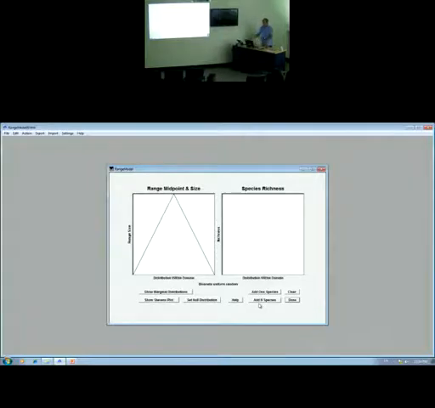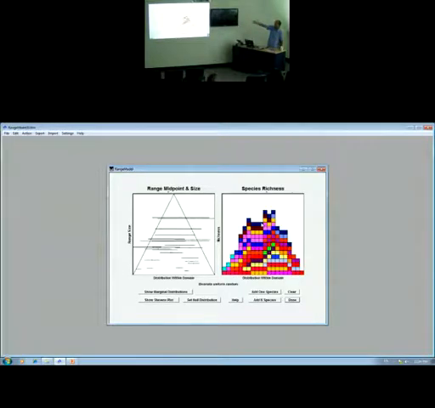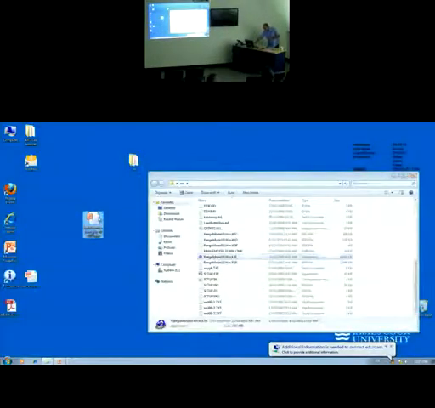So basically this is a domain, and all that this program does is add n species randomly. Let's throw in 25 species. Each row represents the range of a particular species, and it throws in 25 species that have random range sizes and random range midpoints. You can do this over and over again, and you will get patterns that are largely hump-shaped in richness across the domain.